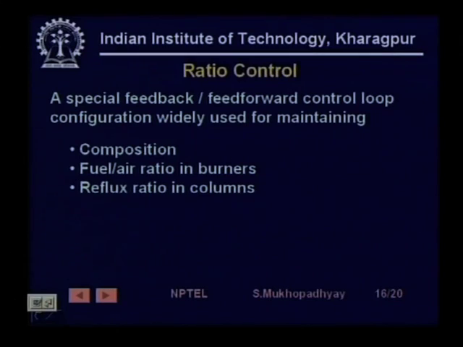For example, let us say you have any kind of burner, let us say a boiler. A boiler has a furnace, so you have to produce flame. For producing flame you need two things, you need the fuel and you need the air, but they must be provided in such a ratio that complete combustion takes place.